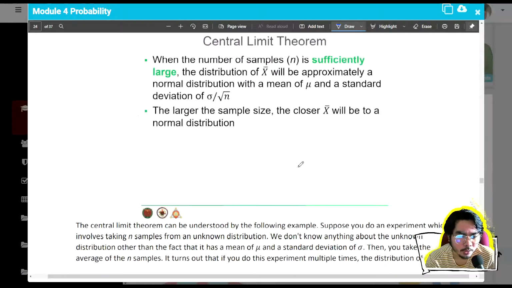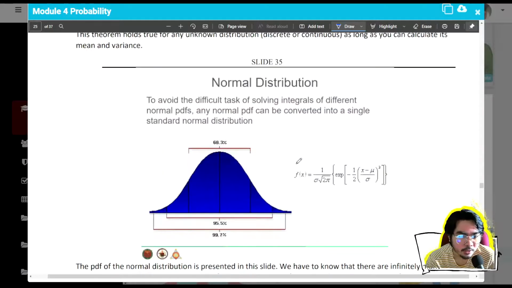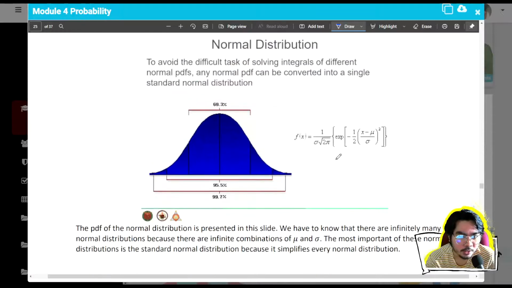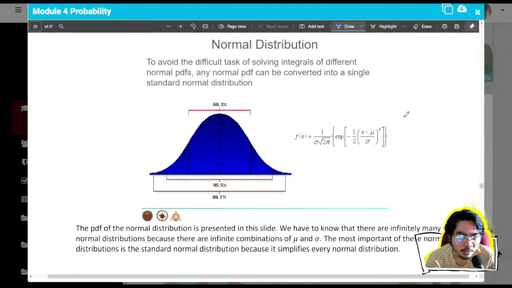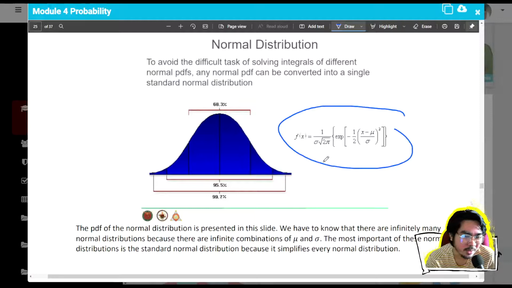Now I won't go into this anymore and I'll just skip directly into the example. This is the probability distribution function. Ito yung if you want to get the exact math of it, then this is what it looks like. Pero usually when we do probability distribution functions, we are just presented with tables, no?